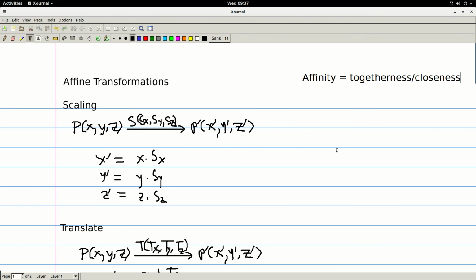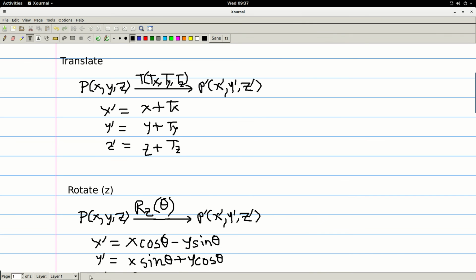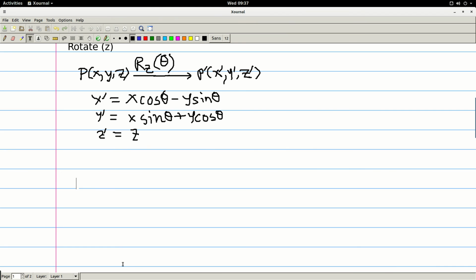Okay. There's another important affine transformation that I never cover. Let me just mention the name. It's an important one, it's just not as important over here in terms of 3D animation. This is called shear. Let me just draw a figure to show you what shear is. Let's say we have a rectangle like this.